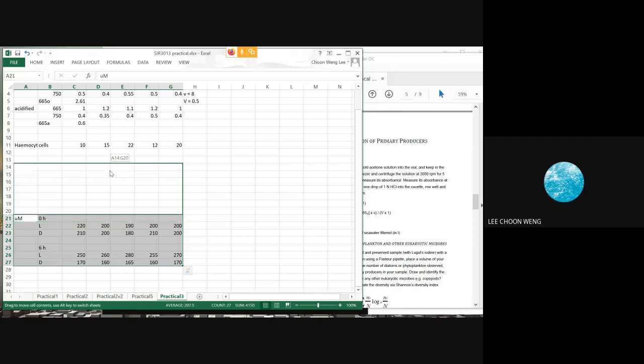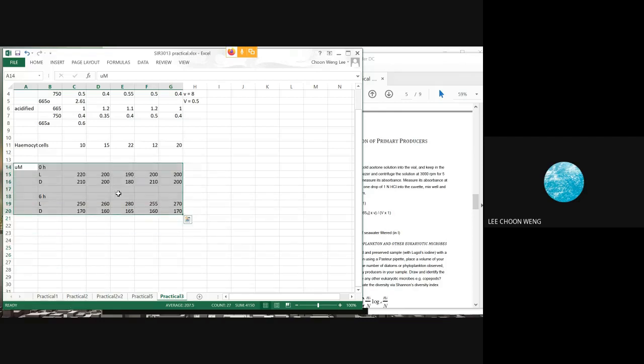And then these are the measurements for the light dark oxygen method. If you take a sample of the water, incubate one set in light and one set in the dark, incubate for 6 hours and then measure again.